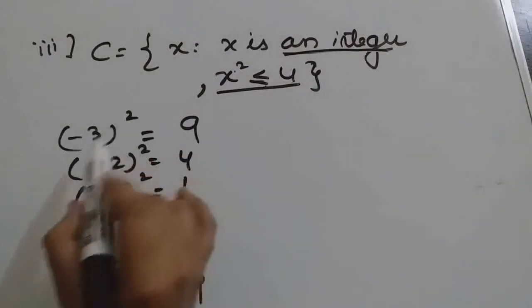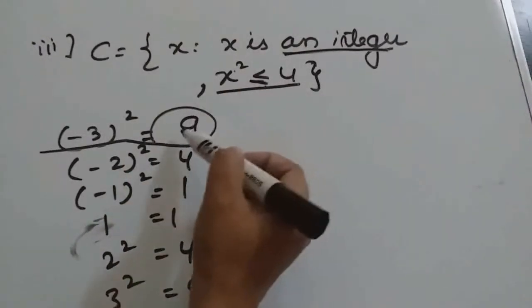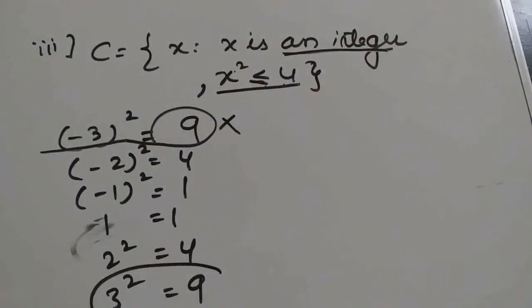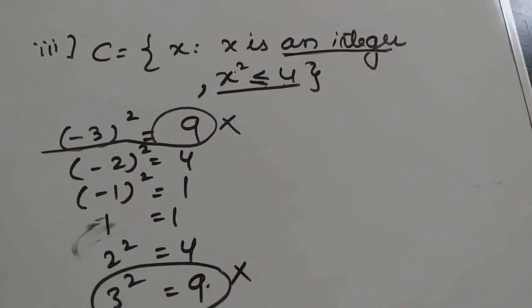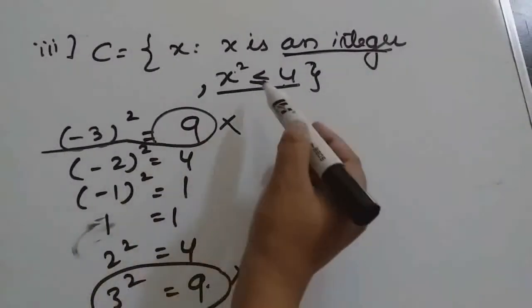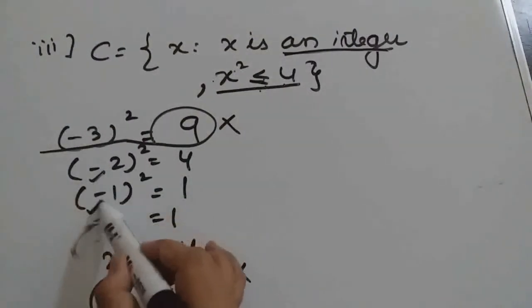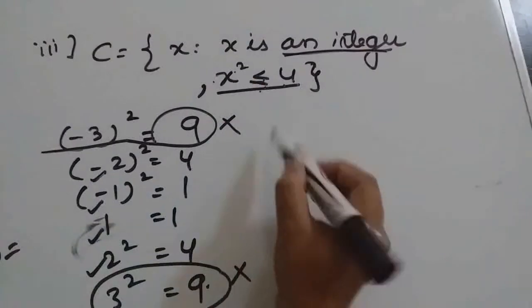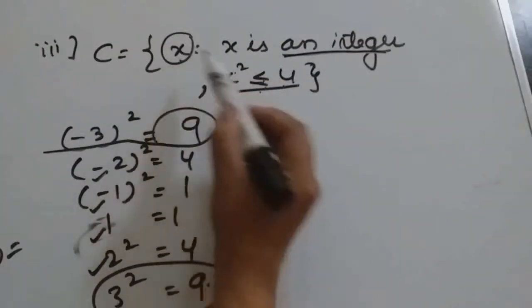So now consider, see, -3 if you take, you are getting a square greater than 4. So this won't come. If positive 3 you are taking, the square is greater than 4. So these won't come. Now which elements have square less than or equal to 4? So these 4 elements, and 0 also is there. Isn't it? So our set will be not the squares. See, our set is element x only, not square elements.